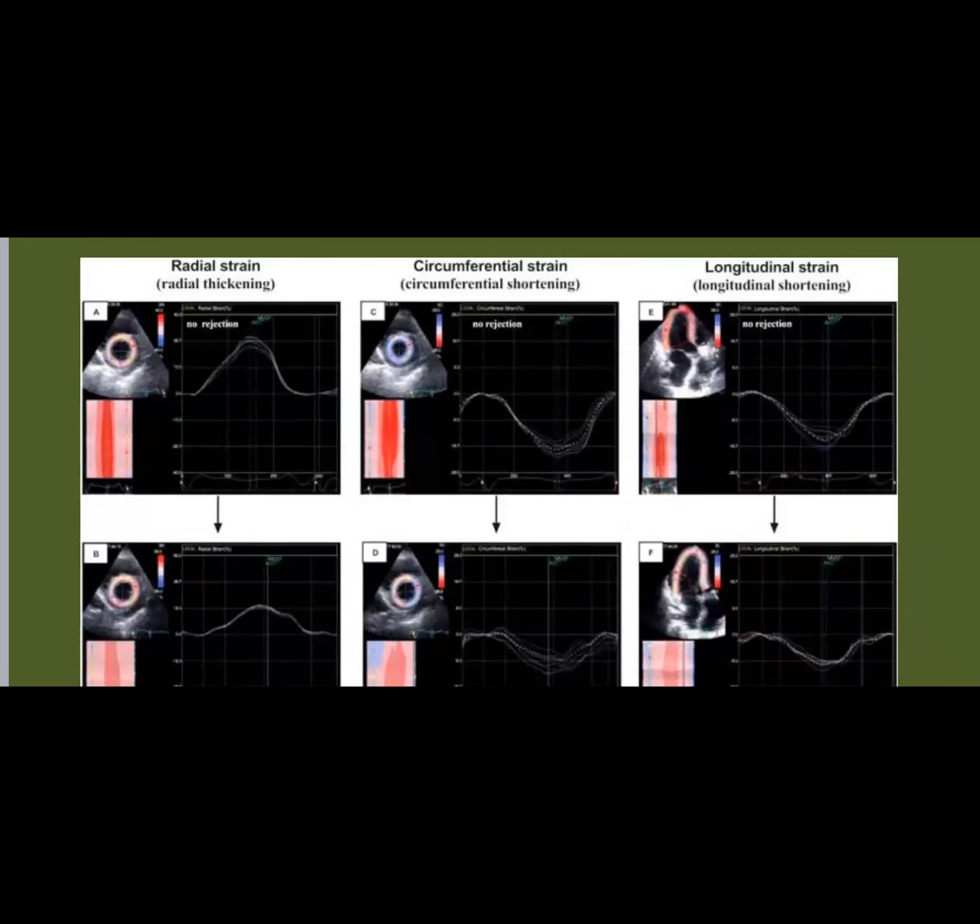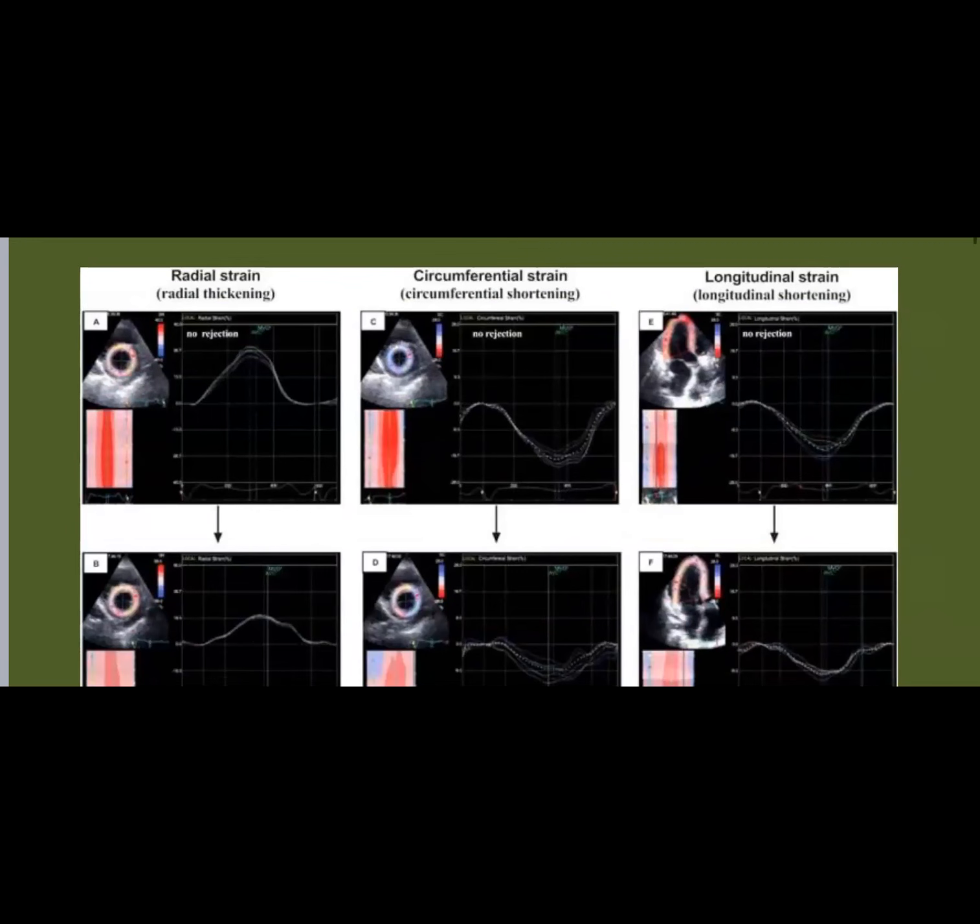Now the circumferential and longitudinal are shortening, so the value is negative. That's why the curve goes down below the baseline. So the radial, circumferential, and longitudinal strain are the three main strains used now. The radial strain is of positive value and the rest are of negative value.